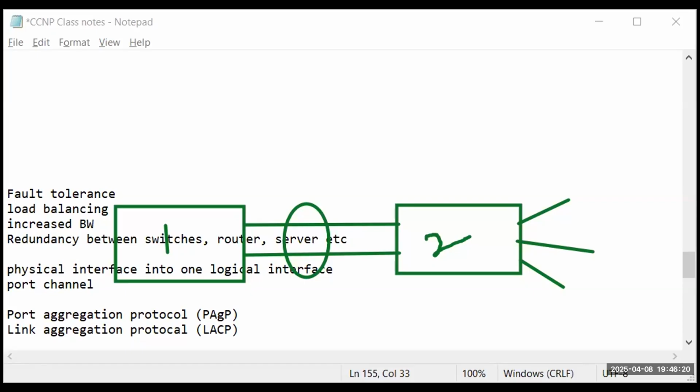Everything should be the same, applied and verified, and VLANs should also be the same. If it is a trunk port, whatever configuration you apply on a single port, such as allowed VLAN 10 or native VLAN 10, all the 4 ports should have the same allowed VLANs or same native VLAN configuration. There shouldn't be any mismatch. If any one port is missing any information, then the logical creation of the port will not happen.